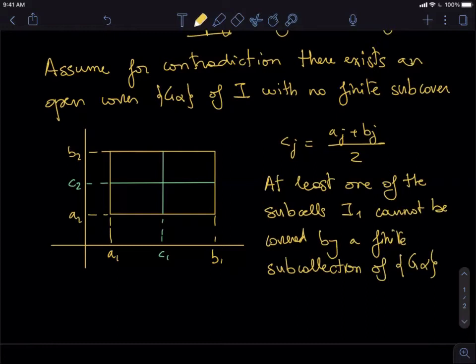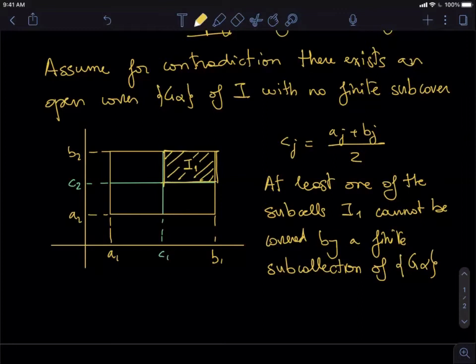Okay, so let's say that the one that I cannot cover, there may be more than one, but let's say there is one, is the top right, and that one is my I1. Okay, it doesn't matter very much which one it is. The important thing here is that there is one.